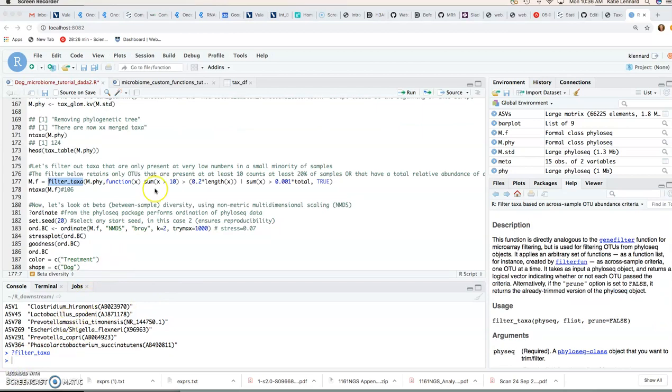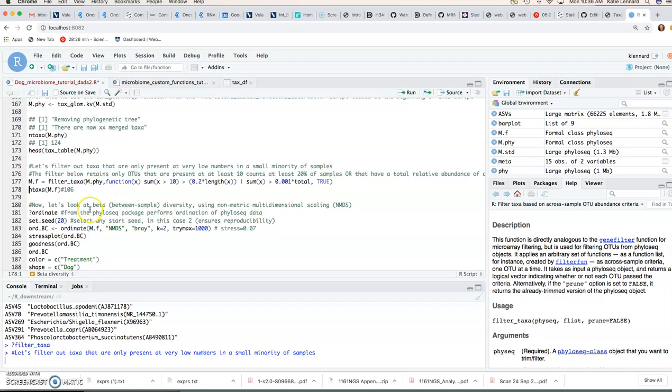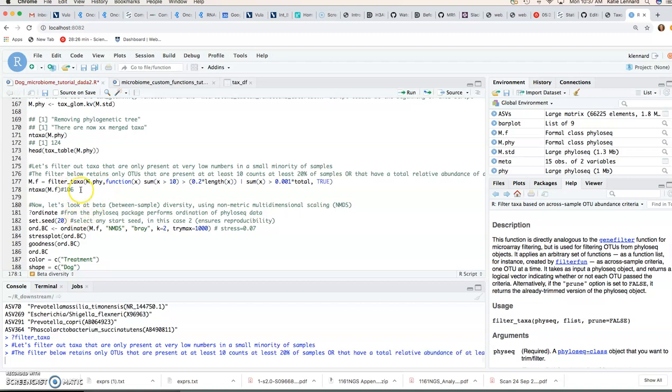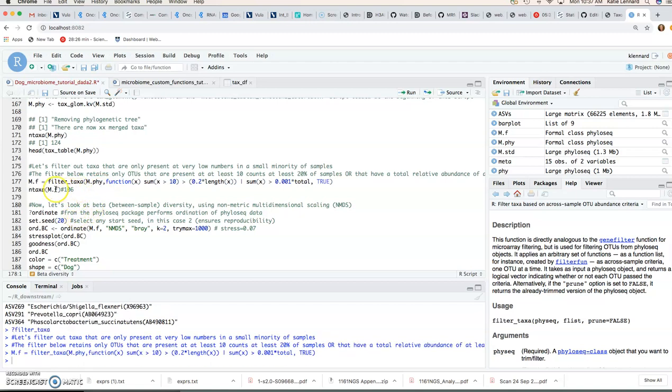Basically what we're saying here is we want at least 10 counts in more than 20% the length of x, so that is your total number of samples, or we want the counts to be more than 0.1% of the total relative abundance. And we can apply that filter, and you'll see that leaves you with 106 of your initial 124 taxa.